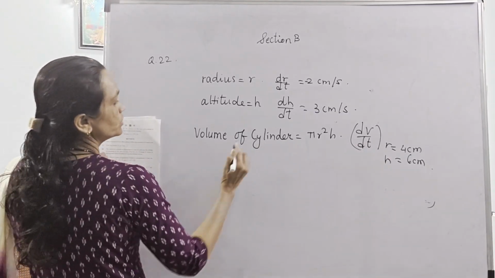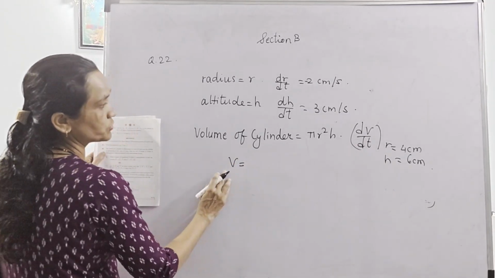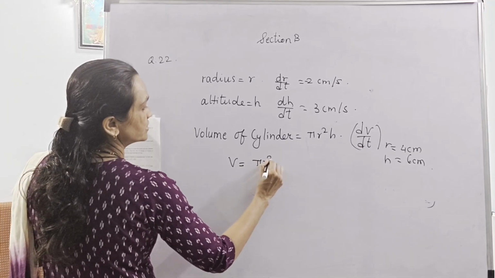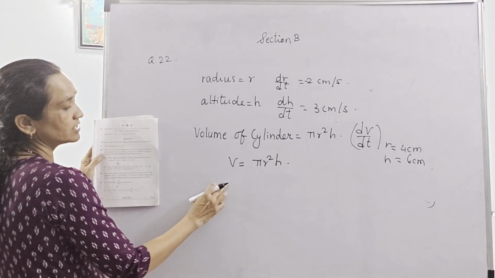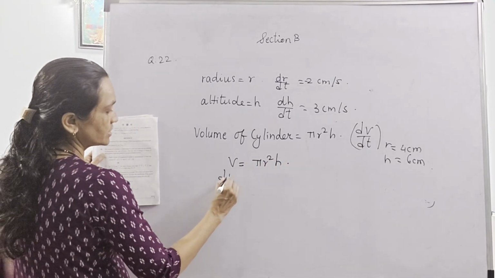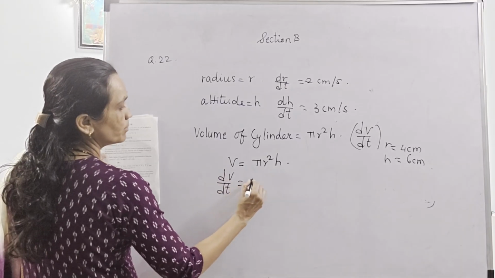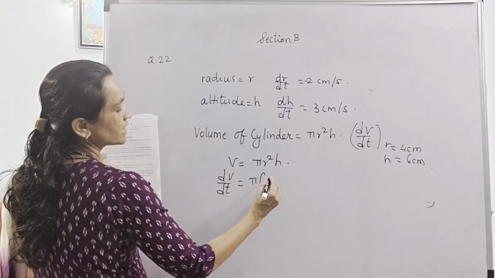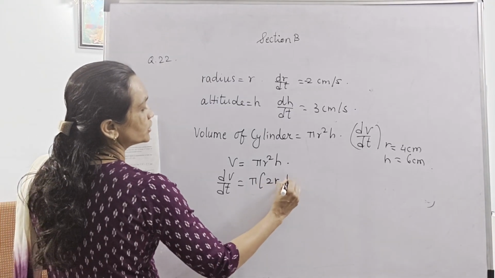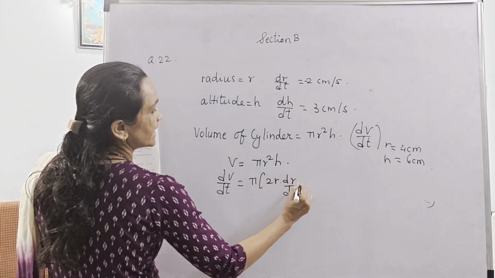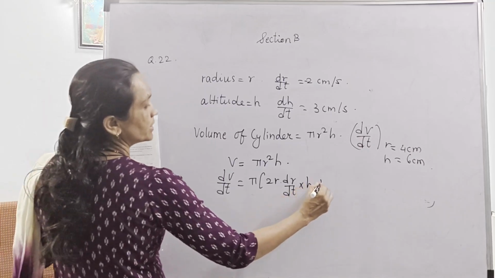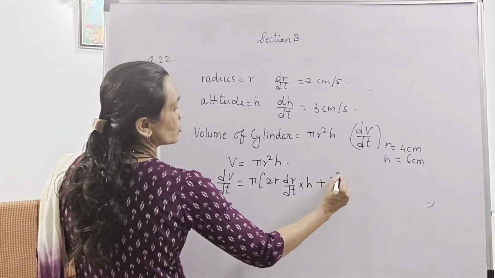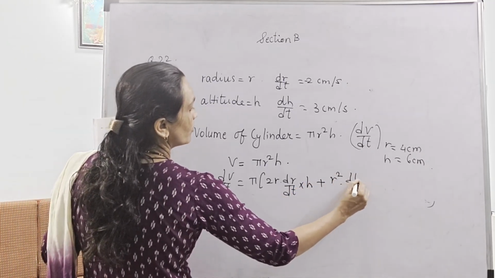We are going to consider the function v is equal to pi r square h. Differentiate both sides with respect to t. So dv by dt, pi is a constant, it will remain multiplied outside. Derivative of r square is 2r into dr by dt. h will remain constant here, plus r square constant into derivative of h.